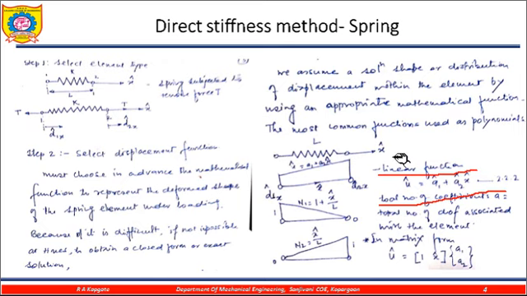So the displacement DOF is 1 at each node, and there are two nodes, so we multiply by the number of nodes, which is 2. So in a linear function two terms come: u is equal to a1, the constant, plus a2x.